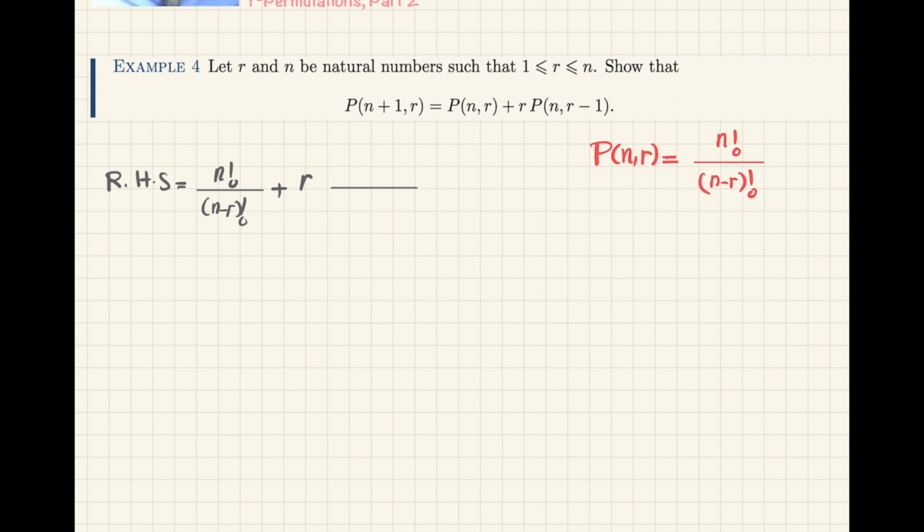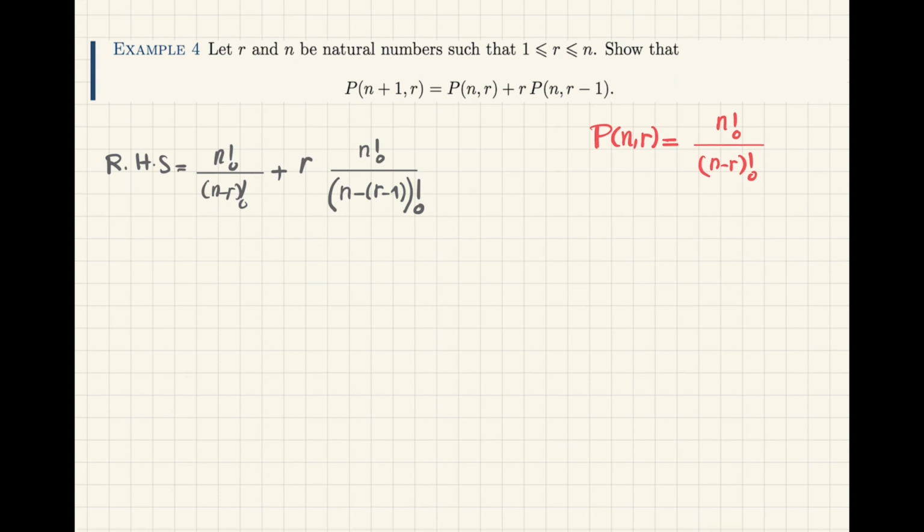So you need to be careful from an algebraic point of view. I put n factorial in the numerator, but in the denominator I have the same n, but instead of r I have r minus 1, and you are experienced enough by now that you have to put it in a pair of brackets and factorial. Interrupt me if you don't understand something. Okay, before doing that, let me do some simplifications.